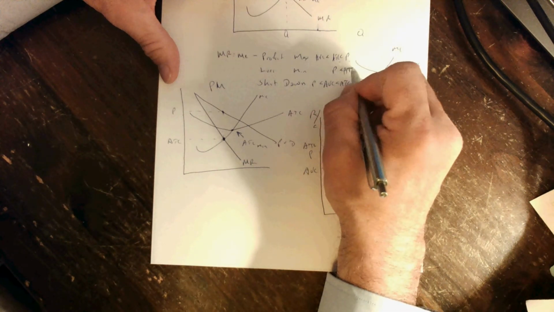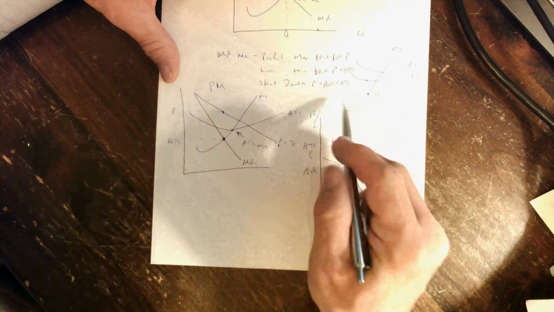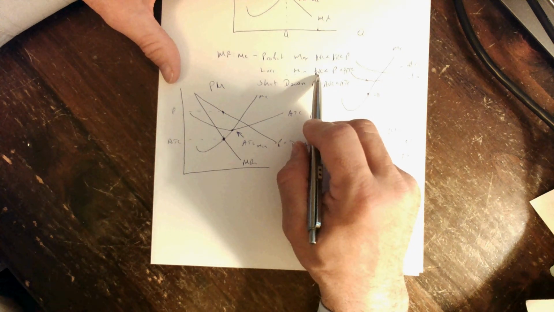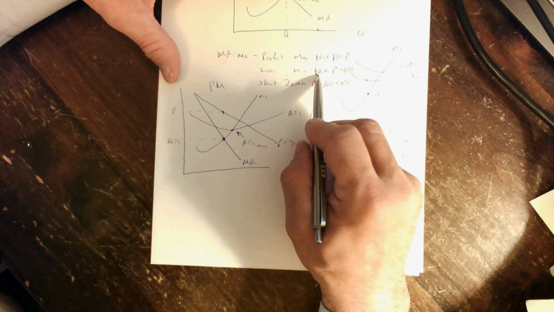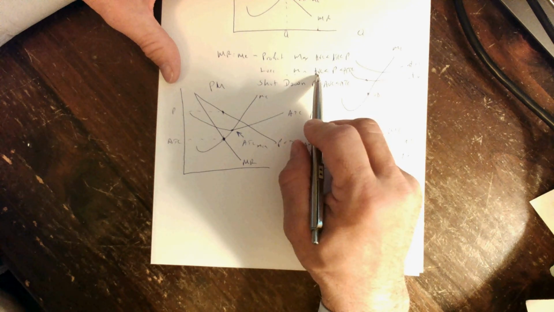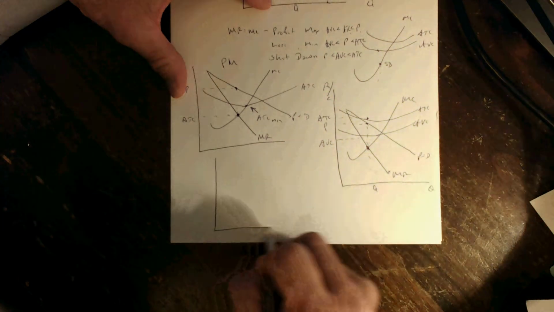Price is between average total cost and average variable cost. This firm is going to loss minimize. It's making a profit on its variable output, which gives it profit to pay down its fixed cost, which it would incur in full if the firm shut down. So its loss will be less than its fixed cost, so it should open and loss minimize in the short run.